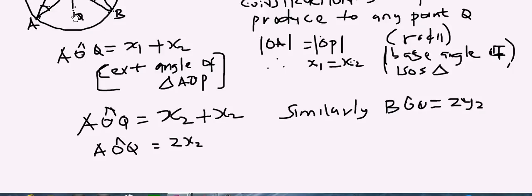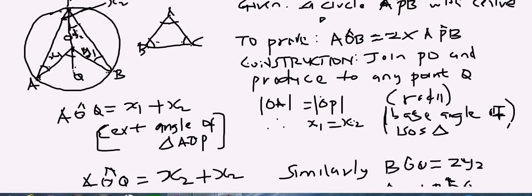So we also realize that AOB, the angle at the center of the circle, is equal to AOQ plus BOQ from the diagram.